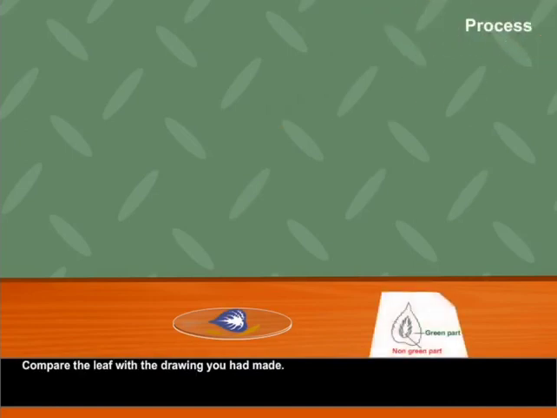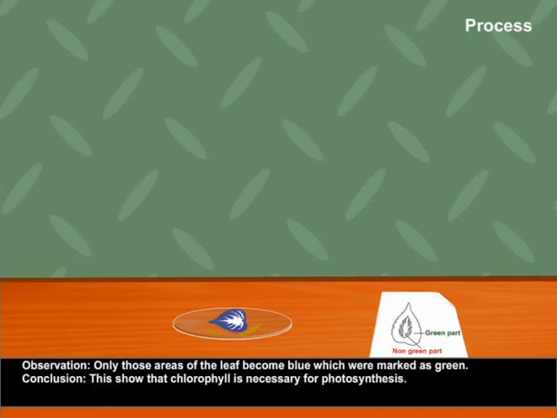Compare the leaf with the drawing you had made. Observation: only those areas of the leaf become blue which were marked as green. Conclusion: this shows that chlorophyll is necessary for photosynthesis.